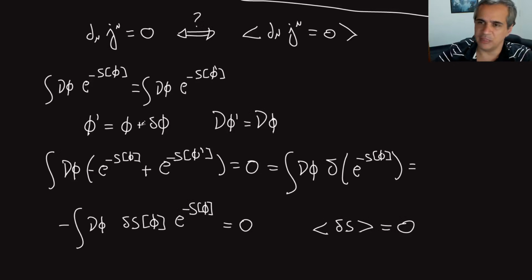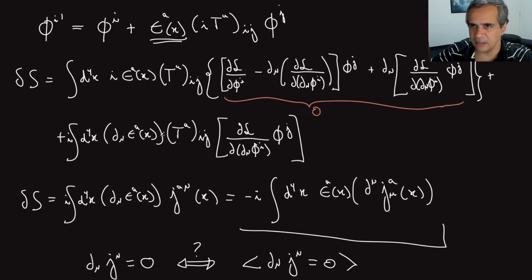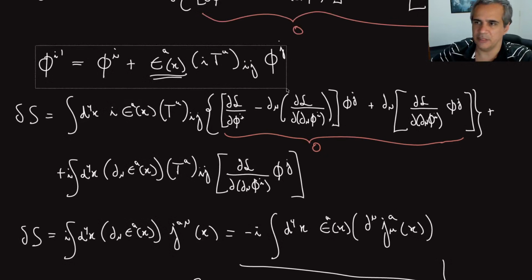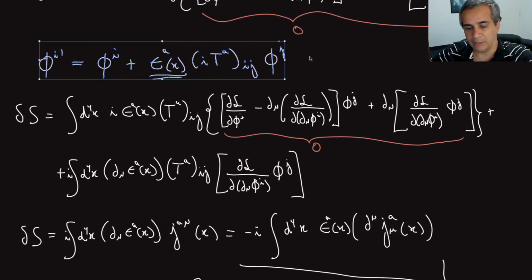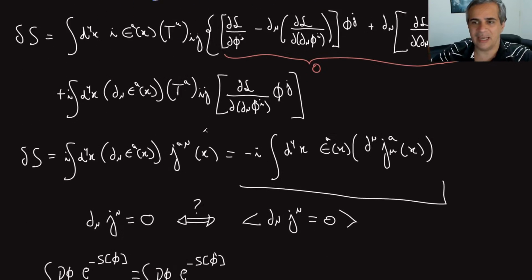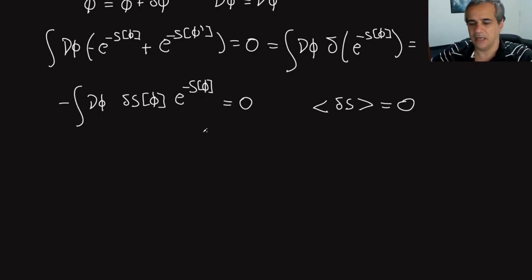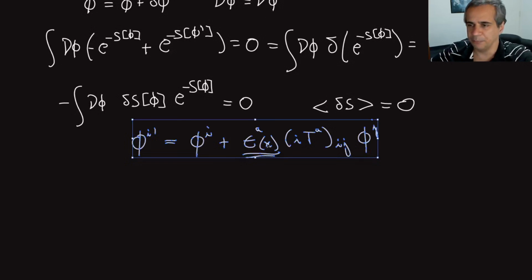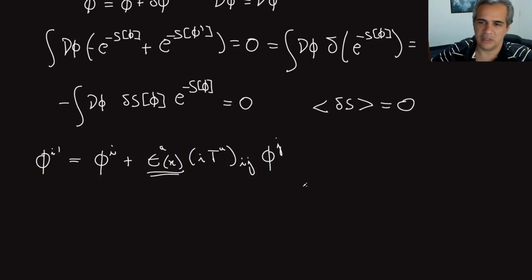Now, assume that this transformation I'm talking about here is the one that I used here locally. Let's suppose this is the transformation I'm thinking about. I'm not assuming that the action is invariant under that, right? Again, I will only assume the classical conservation of the global symmetry, right?